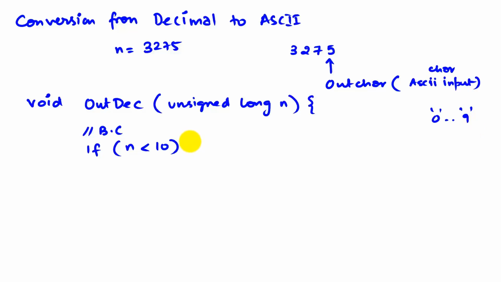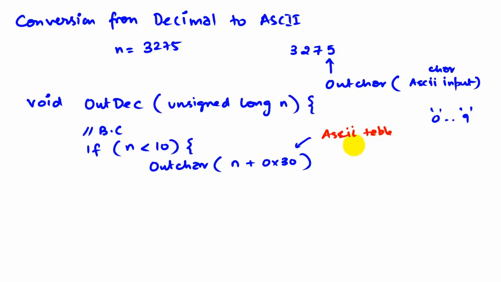If n is less than 10, then I'm going to call outCar, and what I need to do is take the n and add a value which is 0x30, which is basically the offset in the ASCII table where numbers start.